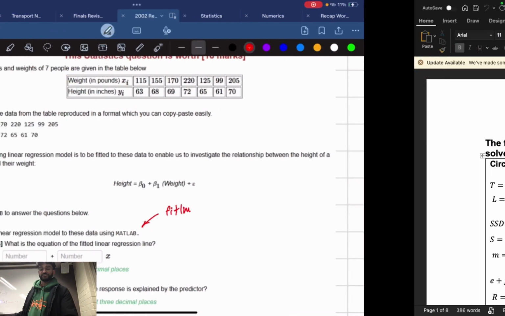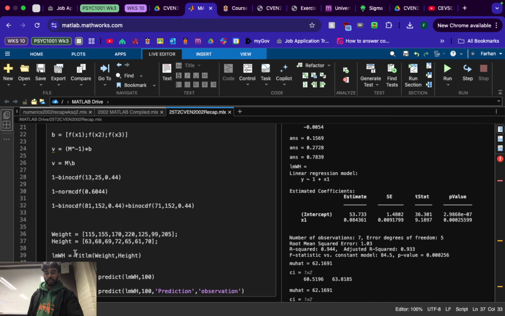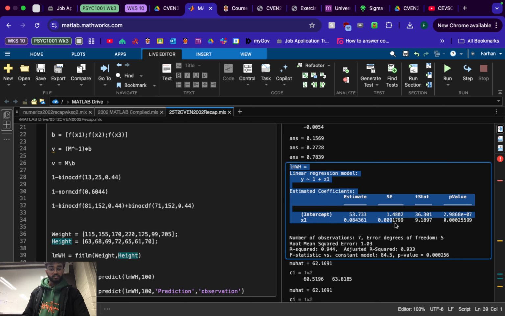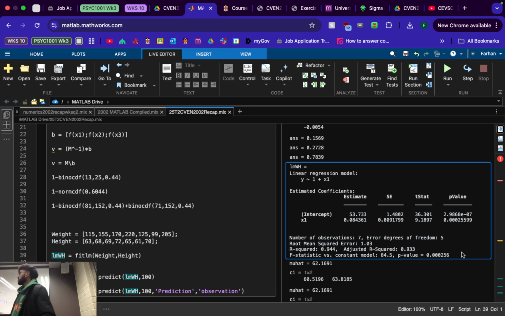So with fitlm, you're going to do your weight versus your height, so your x versus your y. It's going to be fitlm(x, y), your x-axis, then your y-axis. What you end up with is this huge thing on the right. This is what we get when you do the fitlm.